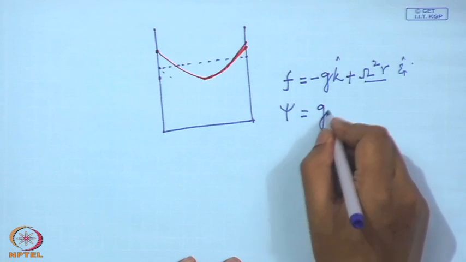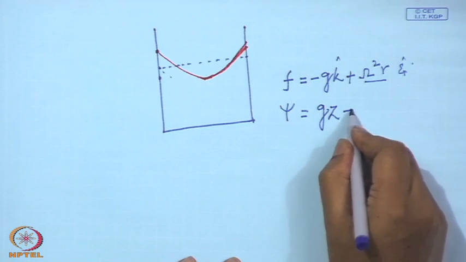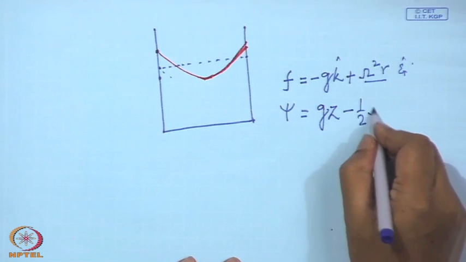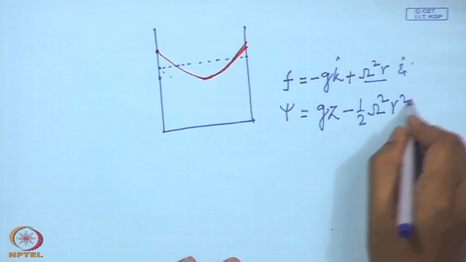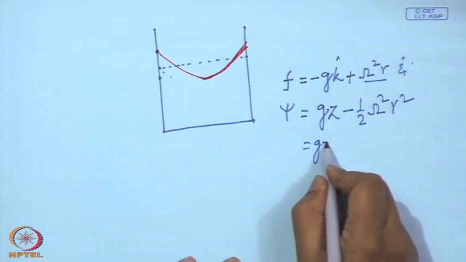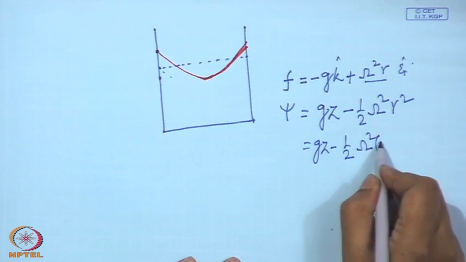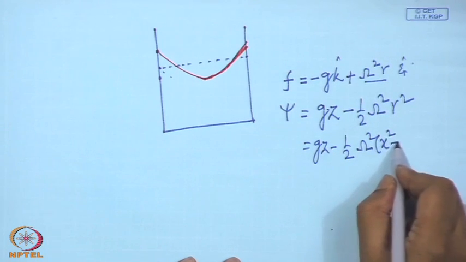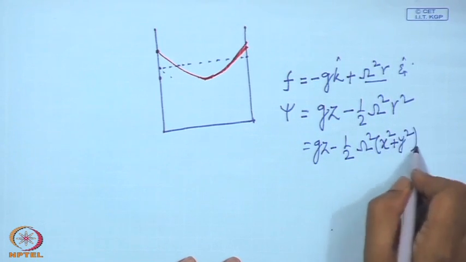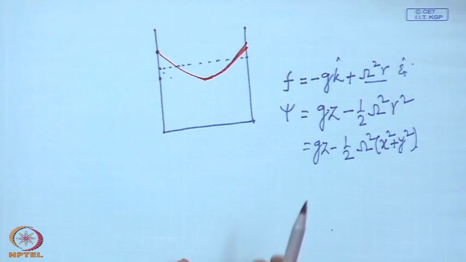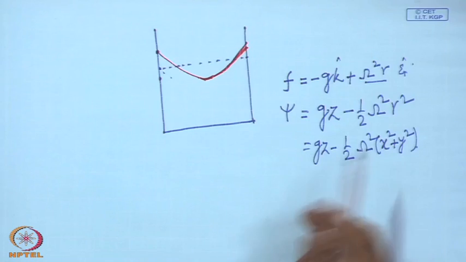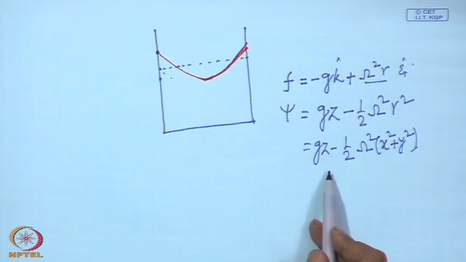Psi is then g z minus half of omega square r square. And this gives of course the level surfaces straight away.